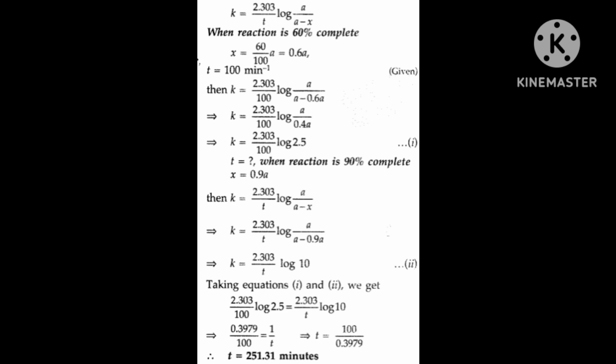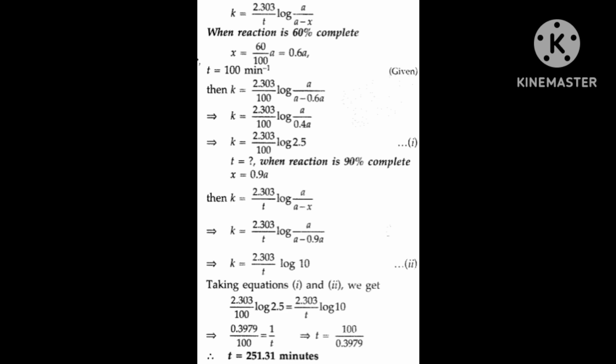The initial concentration of N2O5 in the following first order reaction, N2O5 giving 2NO2 plus half O2, was 1.24 into 10 to the power minus 2 mole per liter at 318 Kelvin.